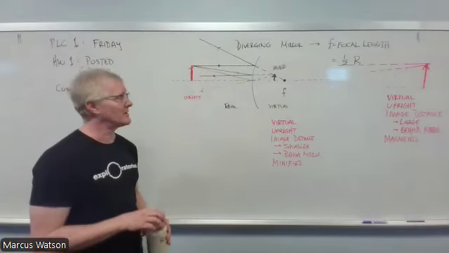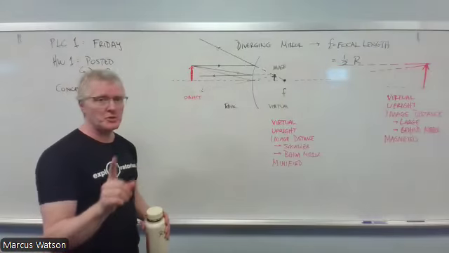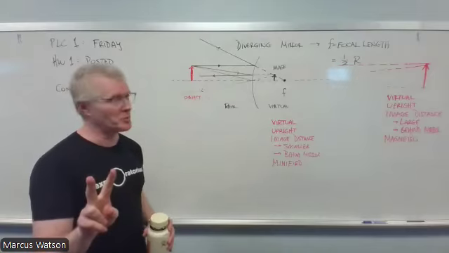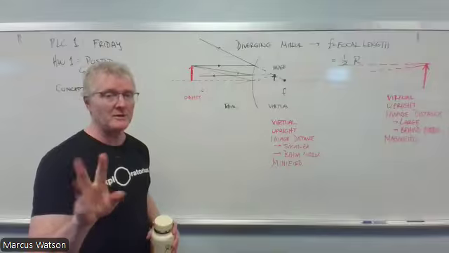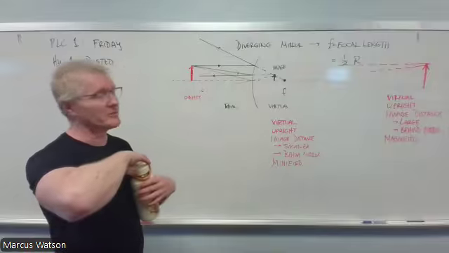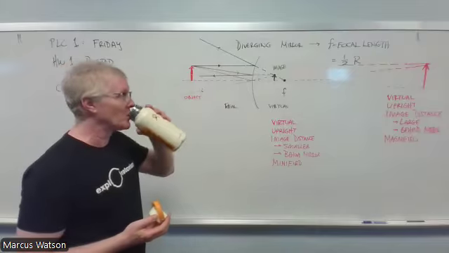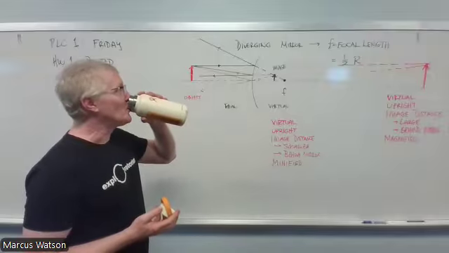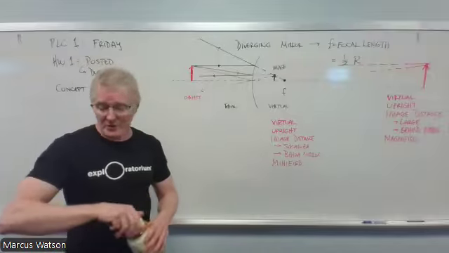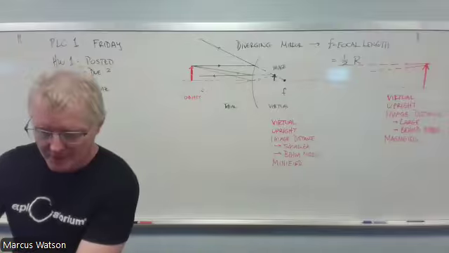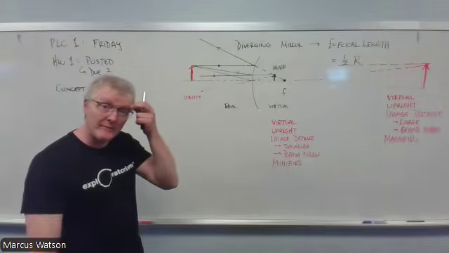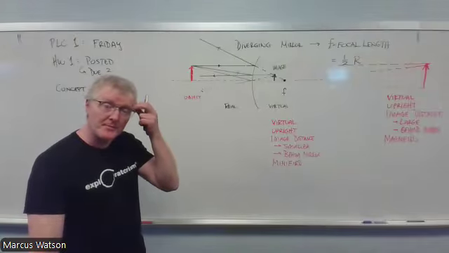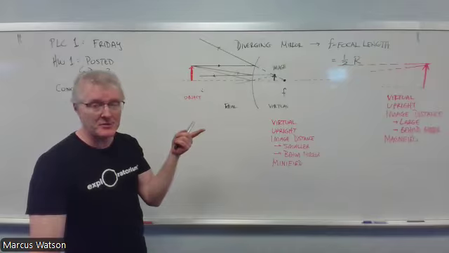So we have gotten a virtual image from a plane mirror, we've got a virtual image from a converging mirror, and we've got a virtual image from a diverging mirror. Okay, know how to draw all 3 of those and how to distinguish between them. We've also gotten a real image from the converging mirror. We will never get a real image from a plane mirror, and we'll never get a real image from a diverging mirror.